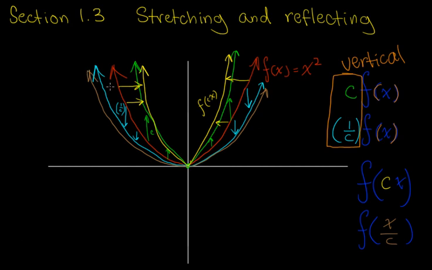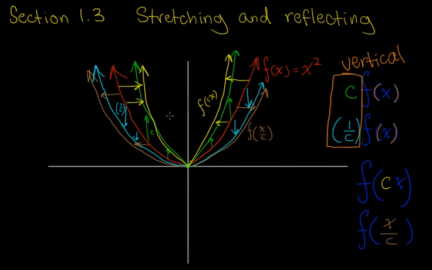It is a horizontal stretching by a factor of c. So think of it like this. The red is our original, okay, like that. Alright, so that would be stretching by a factor of c.